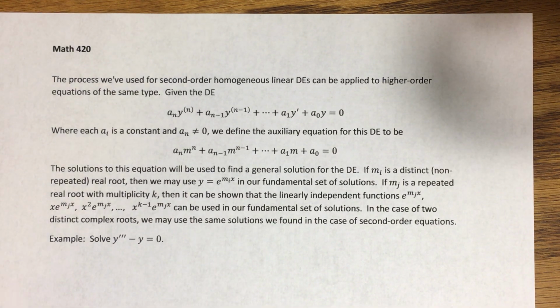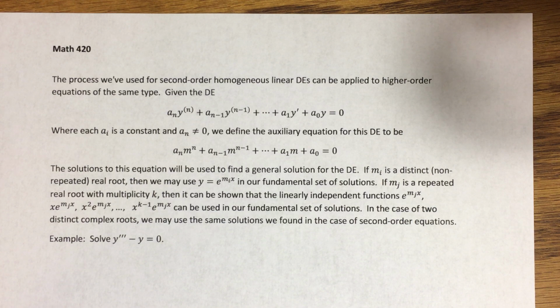But basically what we did in the second order case generalizes really nicely to the nth order case. Remember, we came up with our approach in this section by looking at first order DEs. We saw that in the case of a first order homogeneous differential equation with constant coefficients, a solution would definitely look like e to the mx for some constant m.